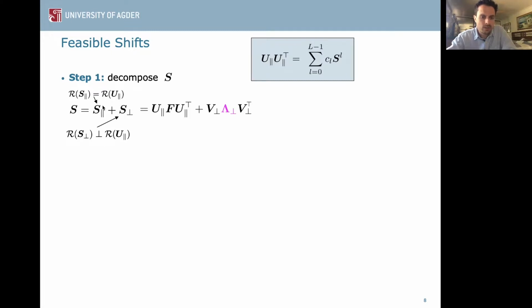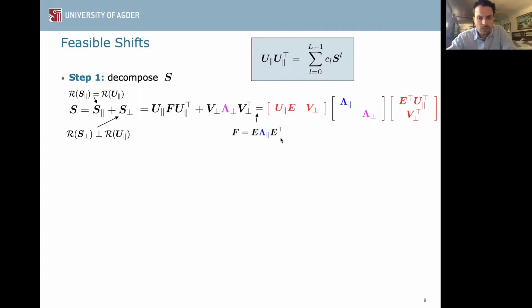So this can always be done, and we can easily see that this matrix must be expressible in this way, where F is a square, symmetric matrix, and one can take the eigenvalue decomposition of this matrix to write it in this way, where the columns of V perpendicular are orthogonal to the columns of U parallel.